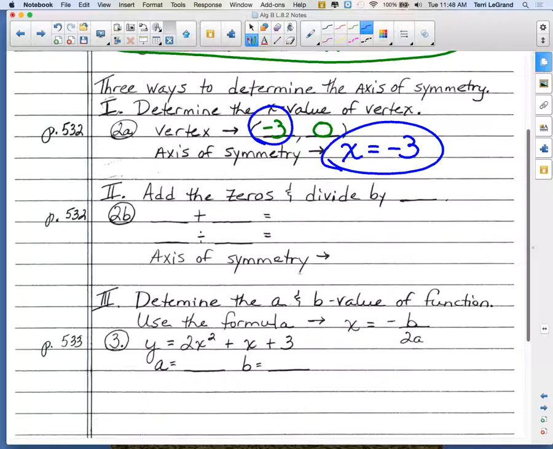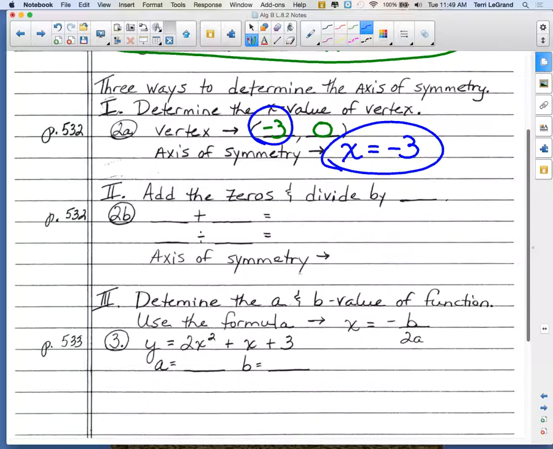Anybody want to predict what they think it might be? 1, 4 and a half? Could be. Ordered pair 1, 4 and a half. But we're not really for sure.